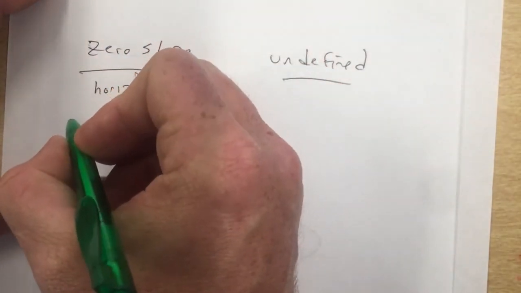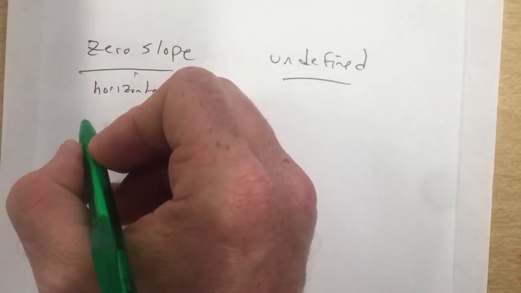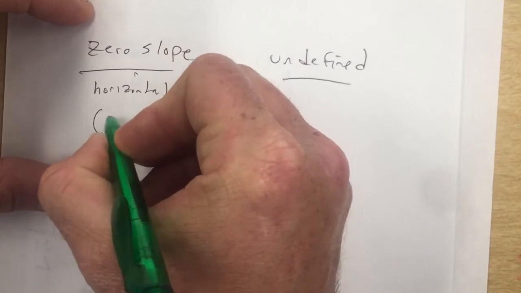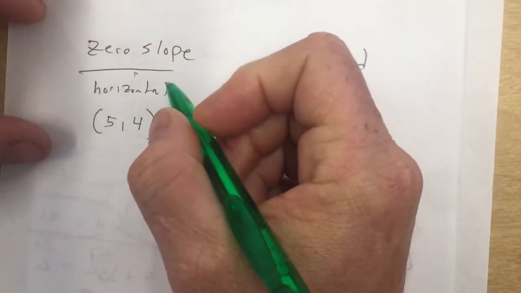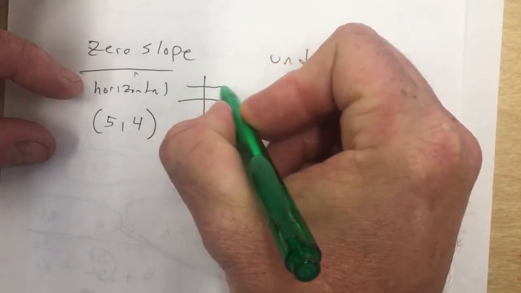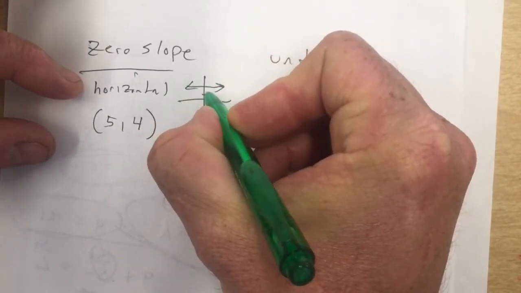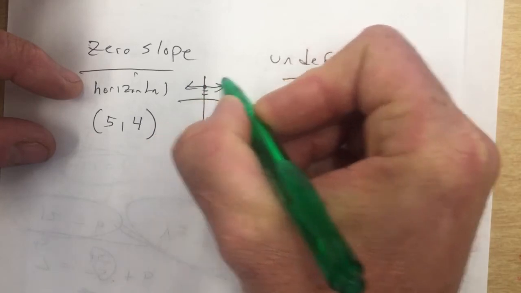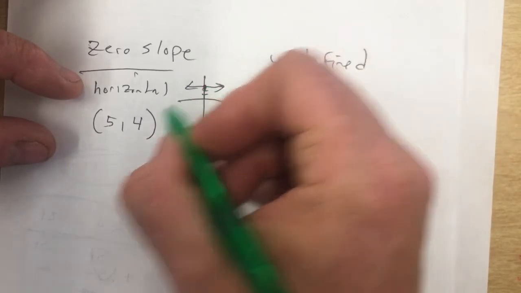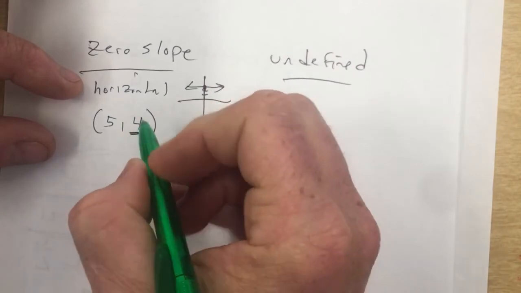So, suppose you have 0 slope, but it goes through this point right here, 5, 4. Okay, now a horizontal line, if you look at it, here's a horizontal line right here. It's counted by the y-axis. Okay, it tells how far up the y-axis it is. So this one, it's 4 up the y-axis.